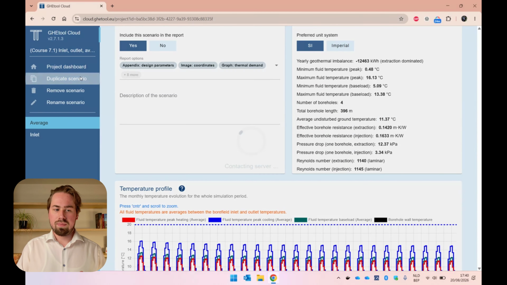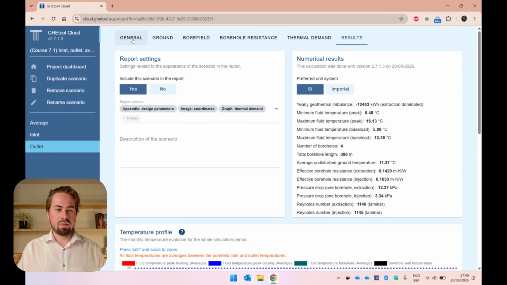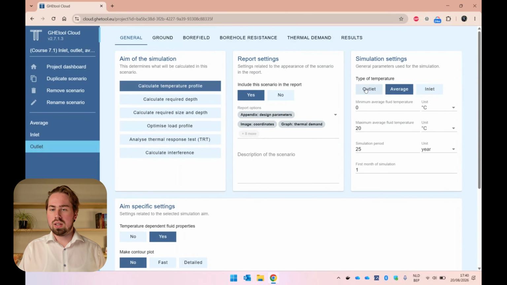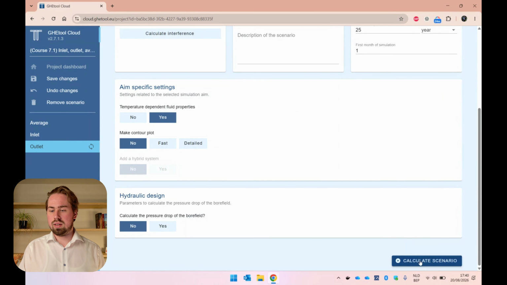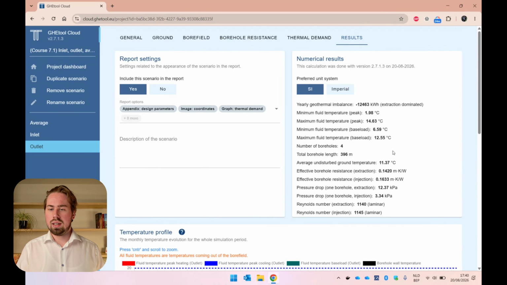Now, to end, let us do the same simulation again, but with the outlet temperature. So if you go back to General and select the outlet temperature, it will again do the same simulation, now not with the inlet but the outlet. And here you see that we have the best case.